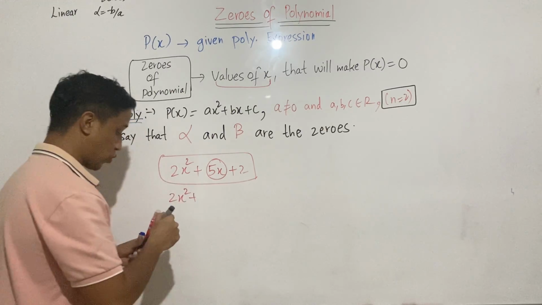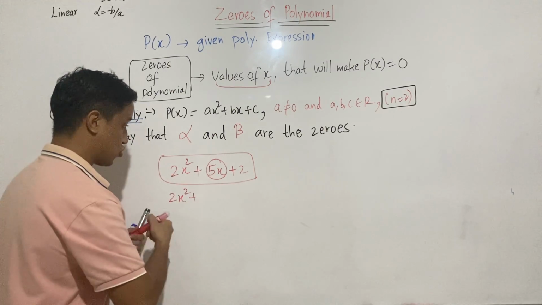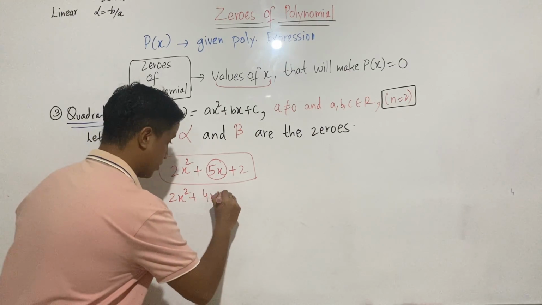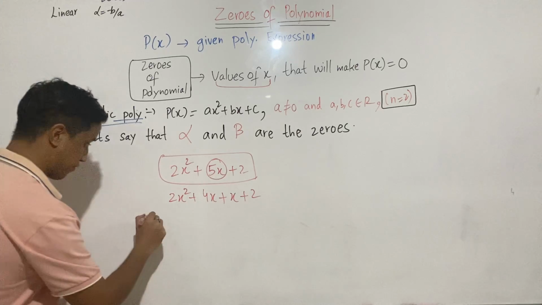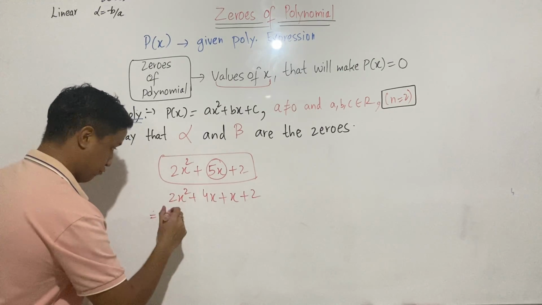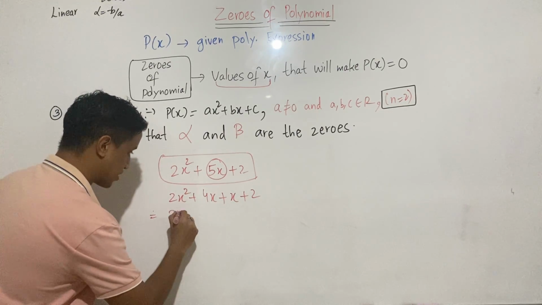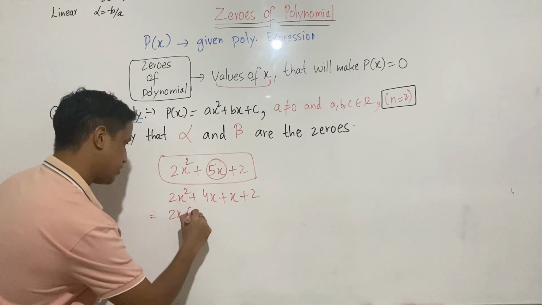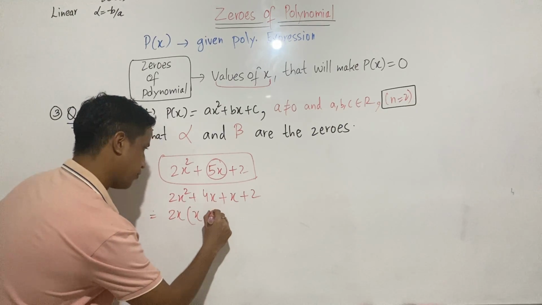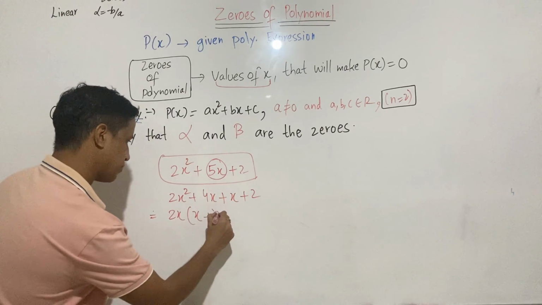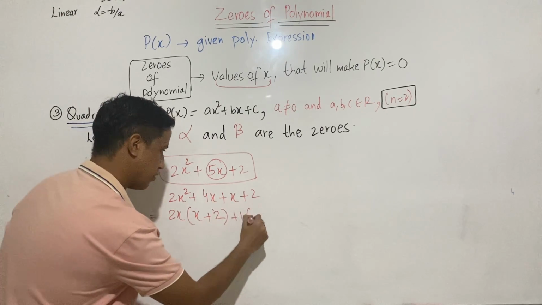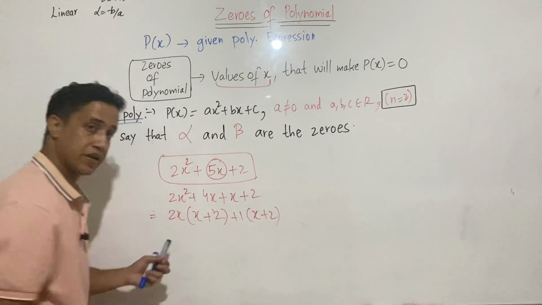So it's going to be 2x squared plus 4x plus x plus 2. If I further simplify it, I take 2x common here, and here x plus 2, and here 1 times x plus 2, right?